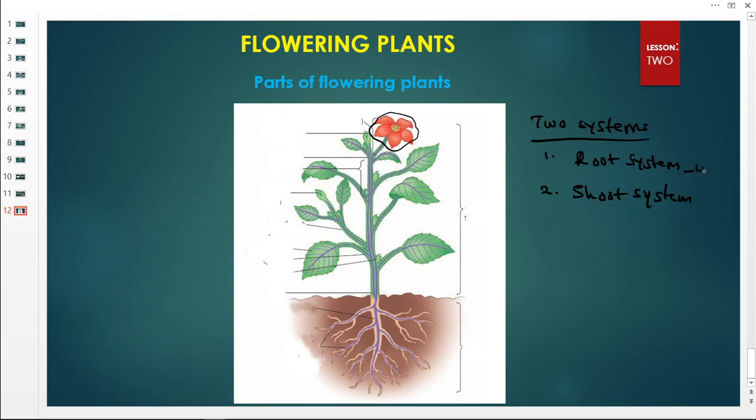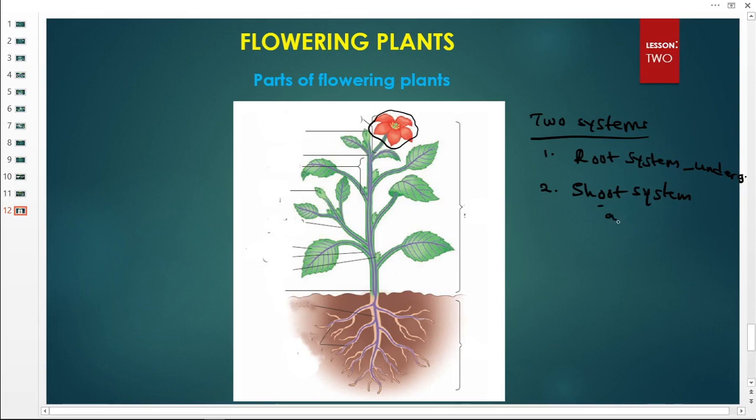So the root system is found in the soil, that is underground, whereas the shoot system develops or grows above the ground. When you look at this flowering plant here, it's a flowering plant because it has a flower. From this upper part, all these parts here are forming what we call a shoot system.